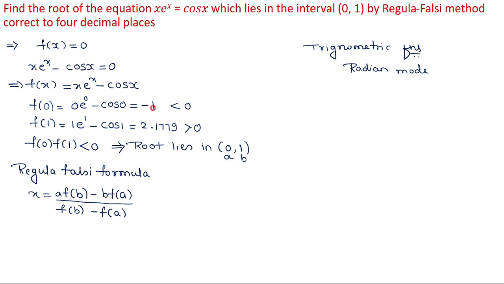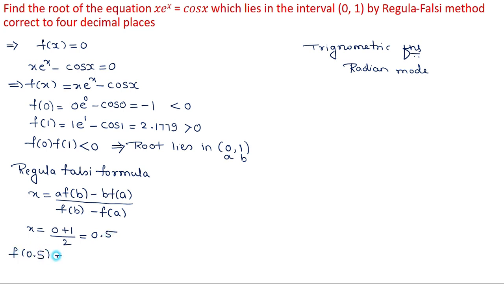But we can see that minus 1 and 2 are very far away from 0. When any point is the exact root, the value of the function will be equal to 0. So to reduce the number of iterations, I am going to take the midpoint of these two. The midpoint is x equal to 0 plus 1 divided by 2, which is 0.5. So find f of 0.5.